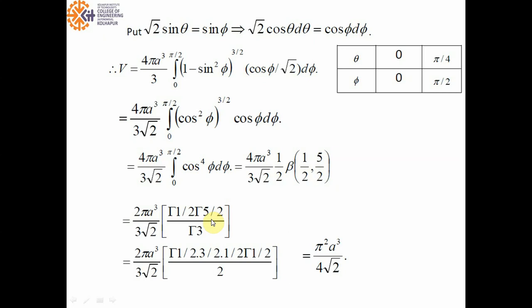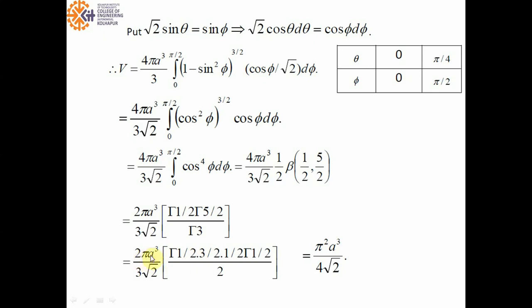Convert this beta function in terms of gamma by using the formula beta of m comma n is equal to gamma of m into gamma of n upon gamma of m plus n. So we get here gamma of 1 by 2, gamma of 5 by 2 upon gamma of 3. Now convert this gamma in terms of gamma 1 half.